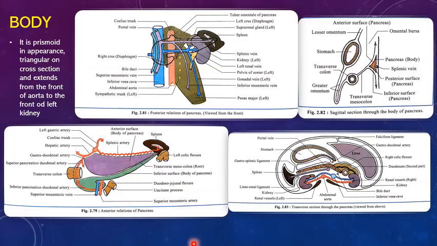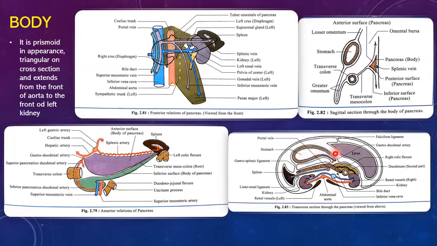Coming to the relations, the inferior surface of the body, also called the inferior surface of the stomach, is separated by lesser sac from the stomach bed. So in this section, if we see, this is the pancreas. This dotted area is the pancreas, and this one is the section of stomach.